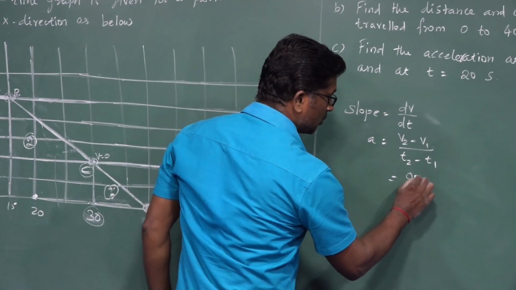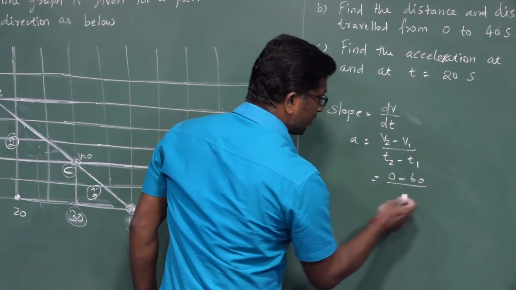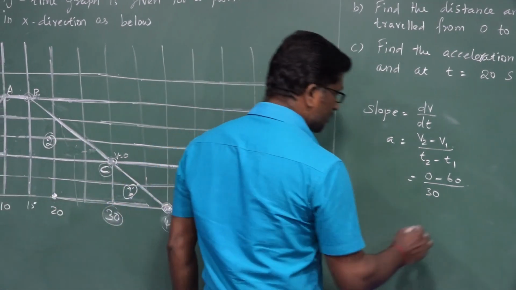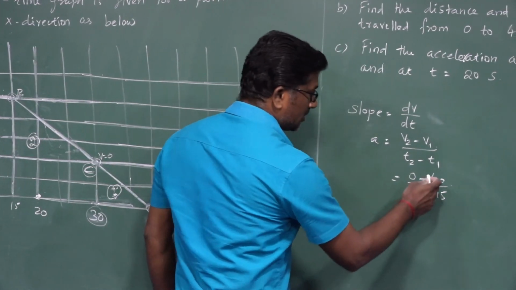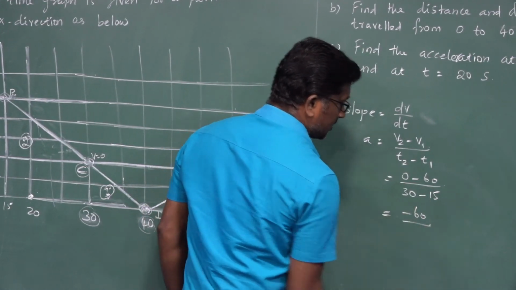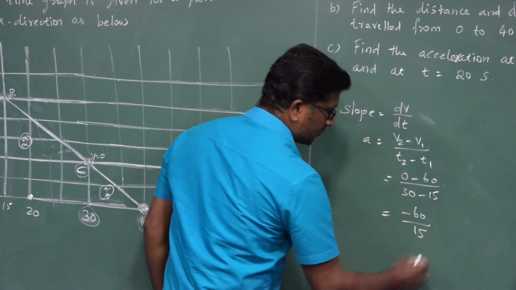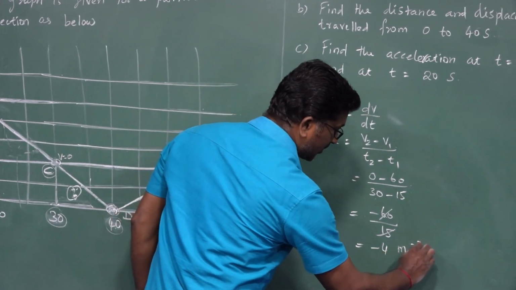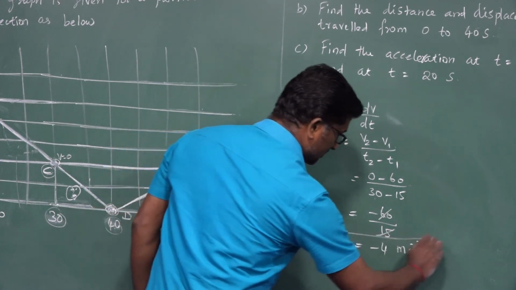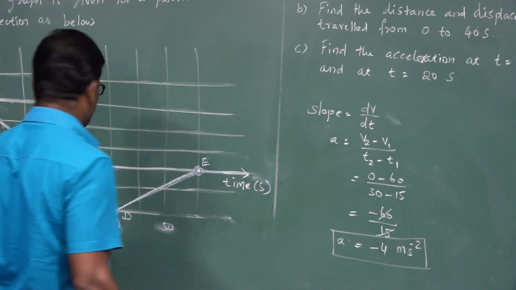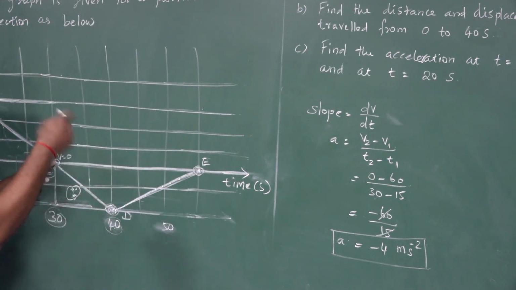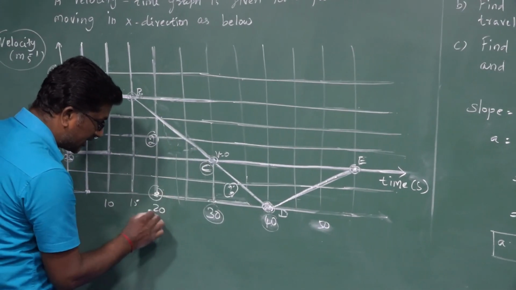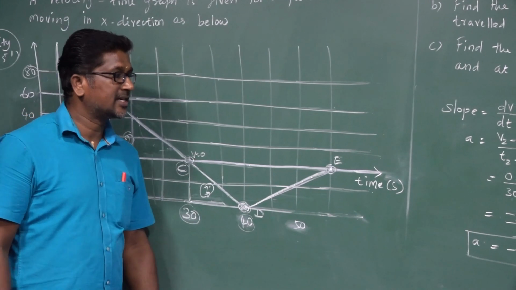So final velocity 0 minus initial velocity 60 divided by final time 30 minus initial time 15, we can get minus 4 meters second power minus 2. So from the region B to C, the particle has a negative acceleration and also constant value. So the acceleration experienced by the particle at a time t equal to 20 seconds also minus 4 meters second power minus 2.